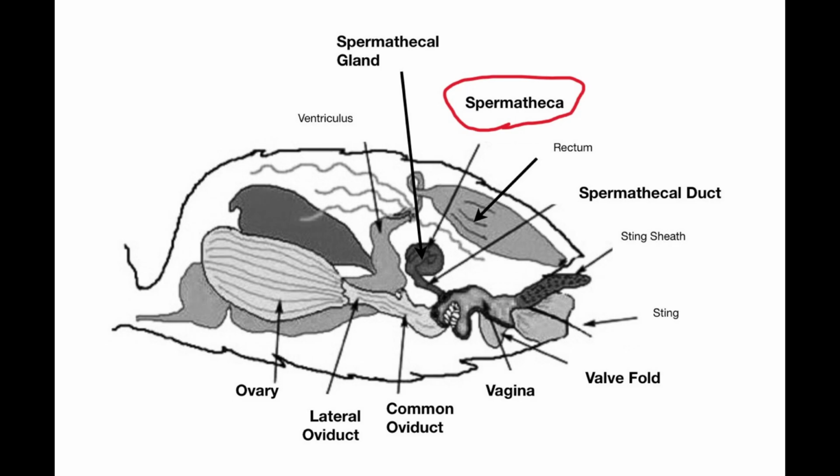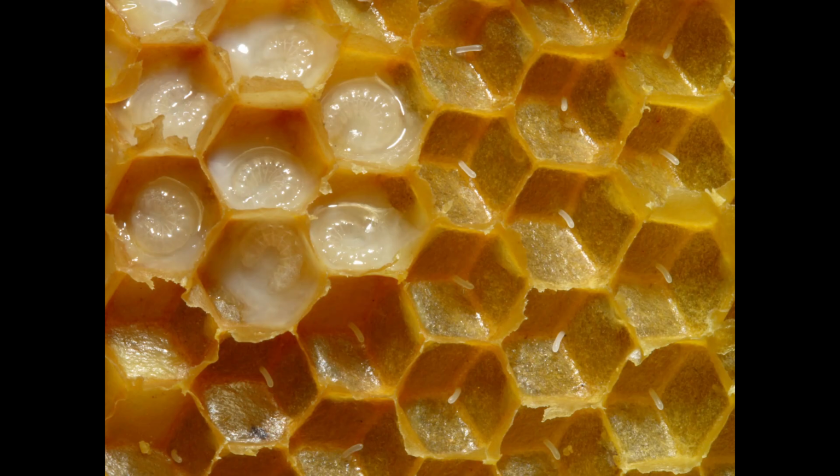When laying the eggs, the queens will determine whether to fertilize the eggs or not based on the size of each hexagonal room. Only when the room is big enough will the queen decide to lay an unfertilized egg. And this is how the honeybee controls and manipulates the sex of their offspring by using haplodiploidy.